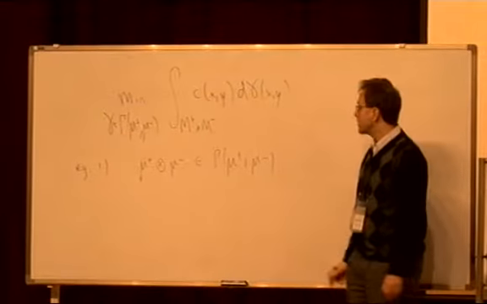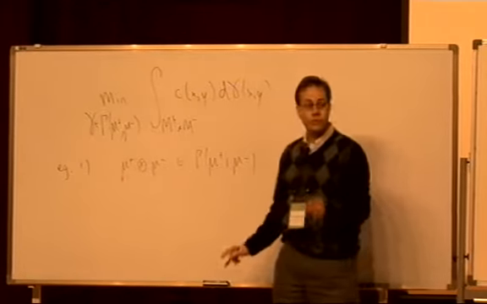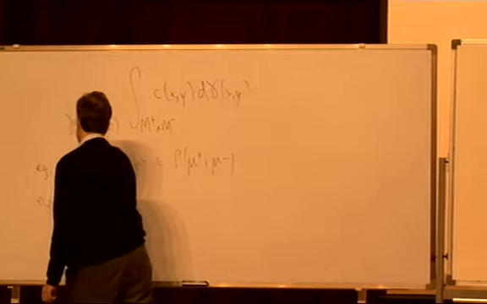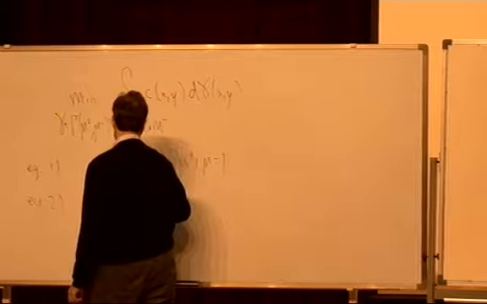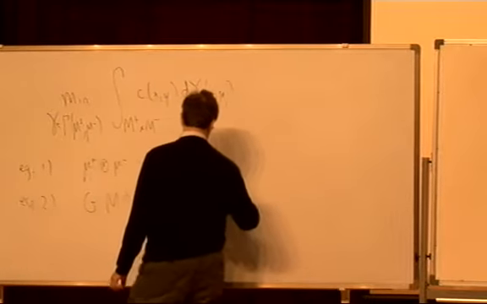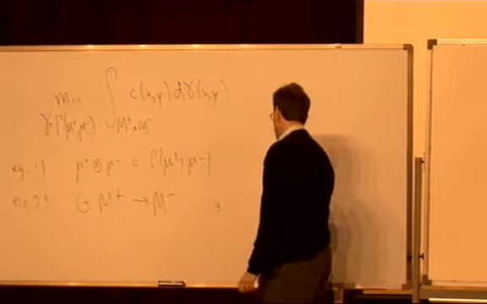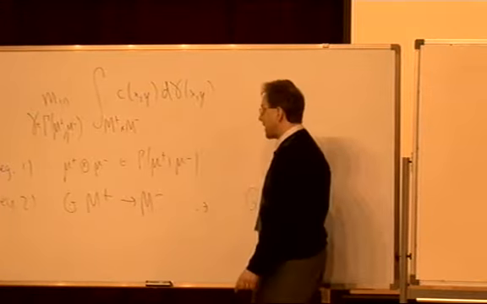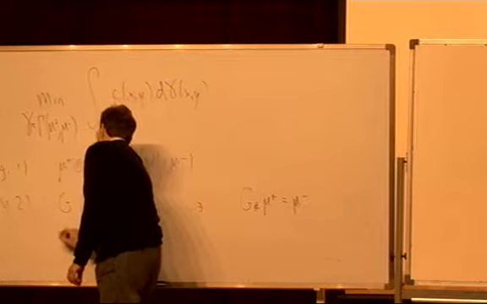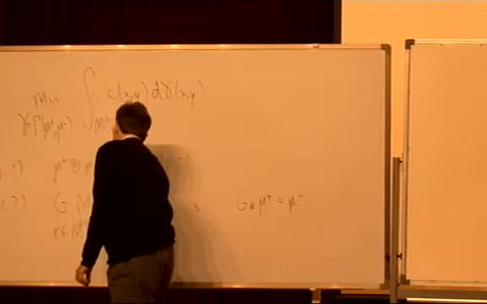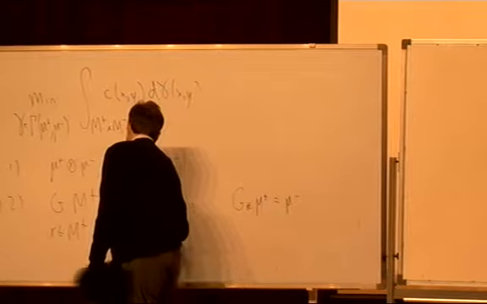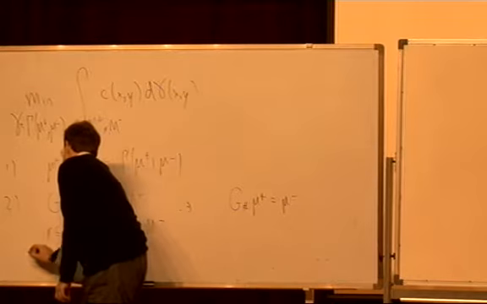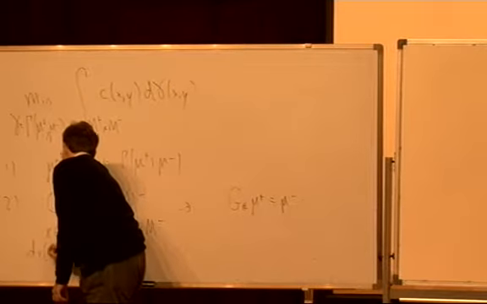And on the other hand, if there's a Monge map, which is not clear, but if such a map exists, which pushes forward the first measure to the second measure, then I have a map from M plus into the product space given by, let's call it, identity cross g.